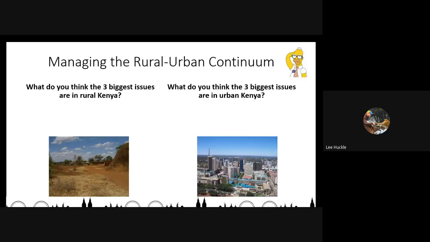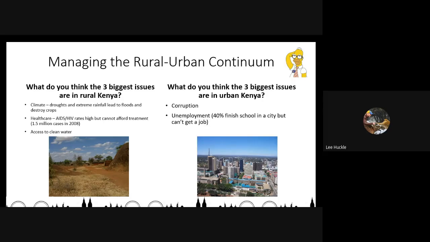And what you'd have then done as part of this is look at the 3 biggest issues in rural Kenya, and you'd have identified the climate with extreme droughts and extreme rainfall leading to floods and destruction of crops. You'd have looked at the healthcare, looking at AIDS and HIV rates in particular are still high because people cannot afford treatment. And then looking at access to clean water as the third big issue in rural Kenya.